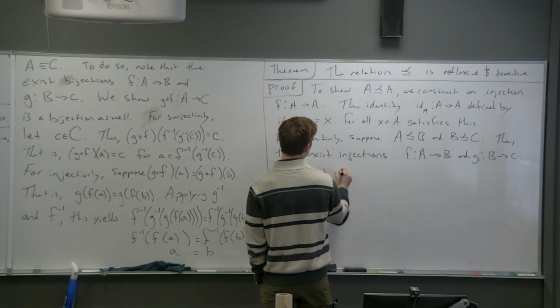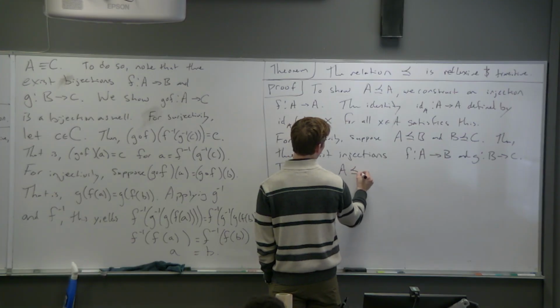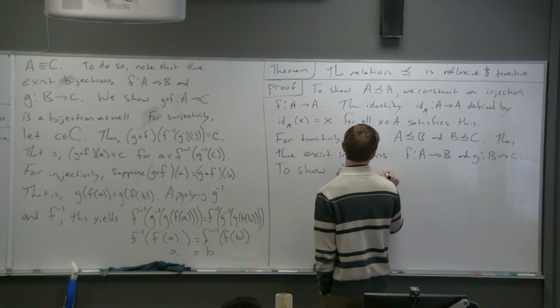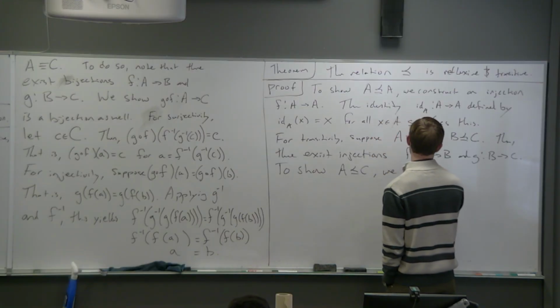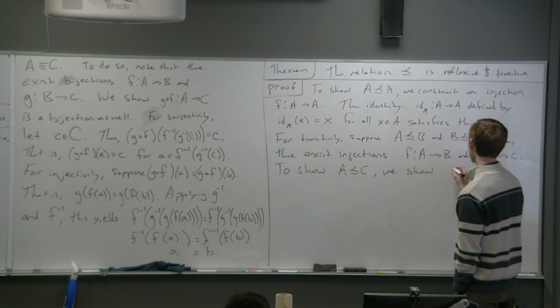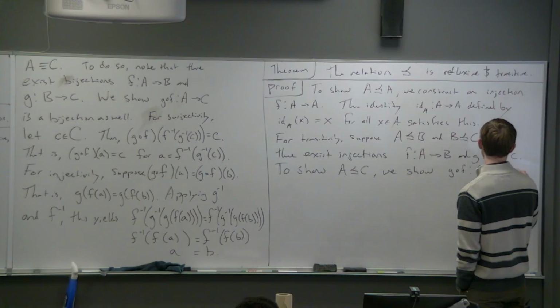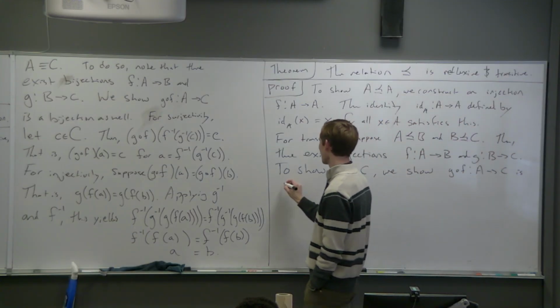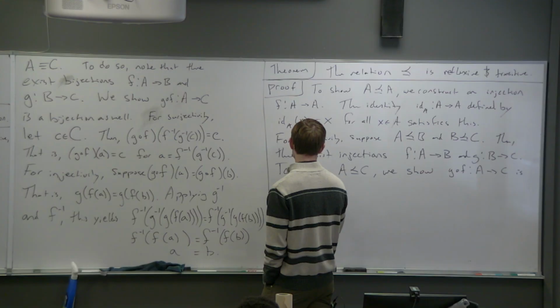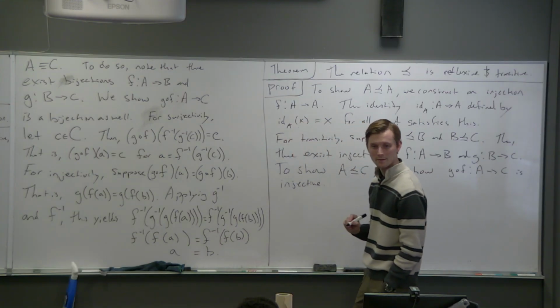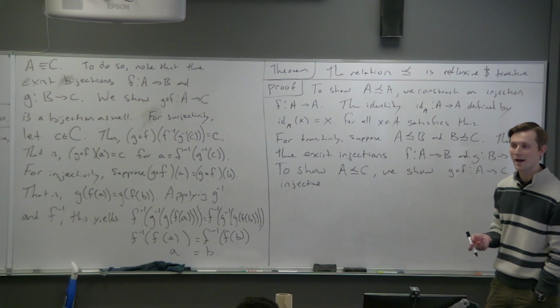To show that A is in fact weird less than or equal to C, we show that G composed with F, which is a function from A to C, is injective. Yeah? It's not too bad.